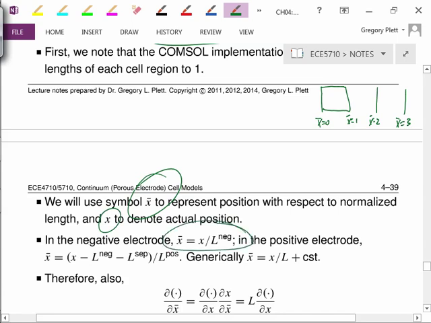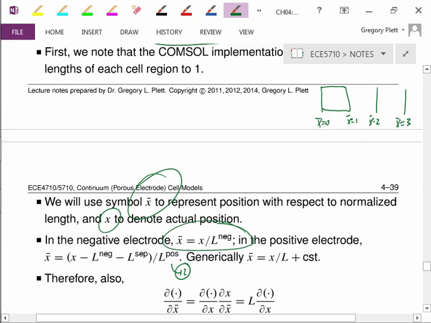In the negative electrode, x bar equals x over L neg, gives me a 0, 1. And I guess the way I described, I would have to add 2 to this in the positive electrode. But what I've described here is x in the positive electrode going from 0 to 1 also. If I wanted to go from 2 to 3, I add 2.